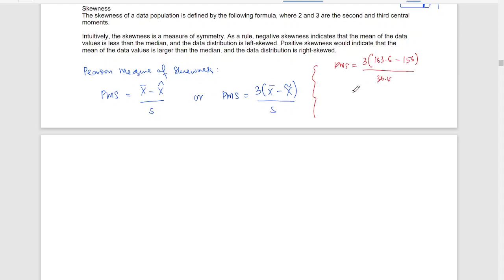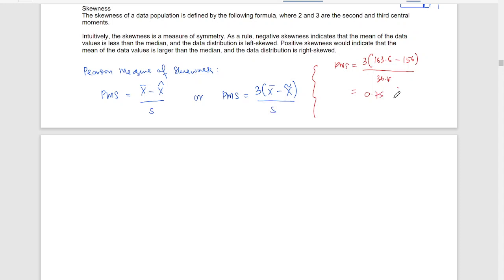So you calculate this value: 163.6 minus 156, and then times 3, you divide by 30.4. So you get the value to be 0.75.